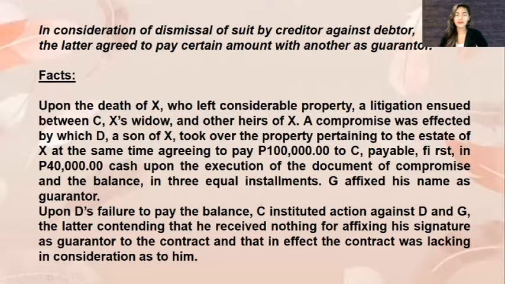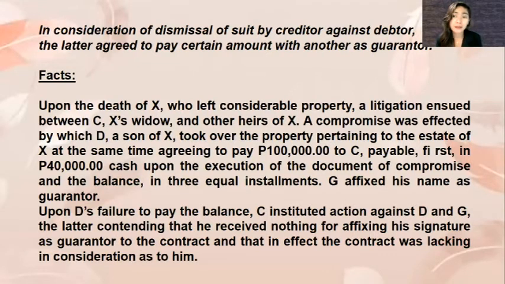The facts of the case: upon the death of X, who left considerable property, a litigation ensued between C, X's widow, and other heirs of X. A compromise was effected by which D, a son of X, took over the property pertaining to the estate of X, at the same time agreeing to pay 100,000 pesos to C, payable first in 40,000 pesos cash upon the execution of the document of compromise and the balance in 3 equal installments. In this, G affixed his name as guarantor.